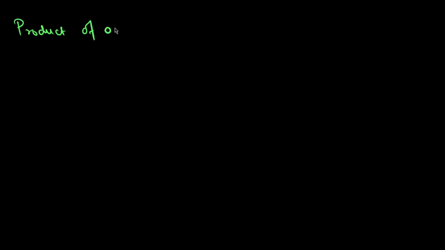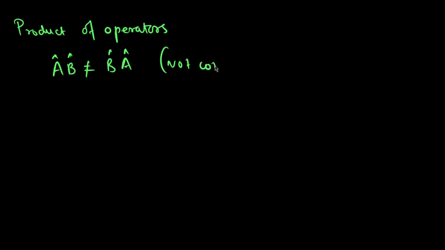Product of operators: two operators are not commutative. But if you take three operators operating together, they are associative.